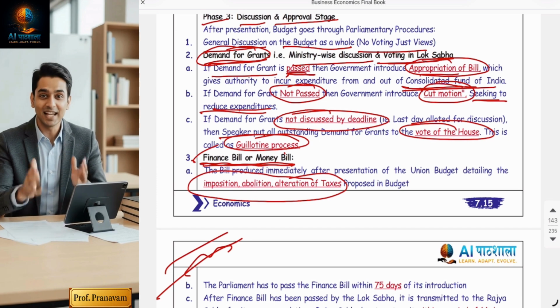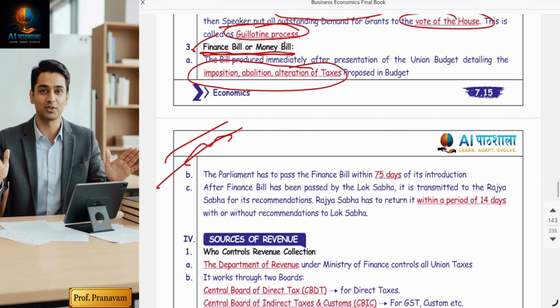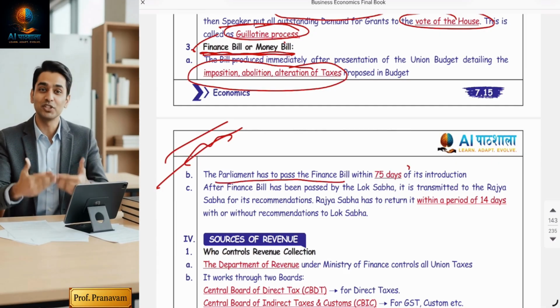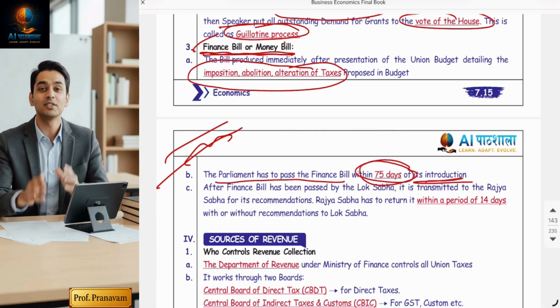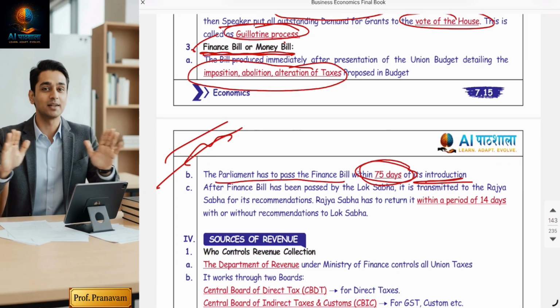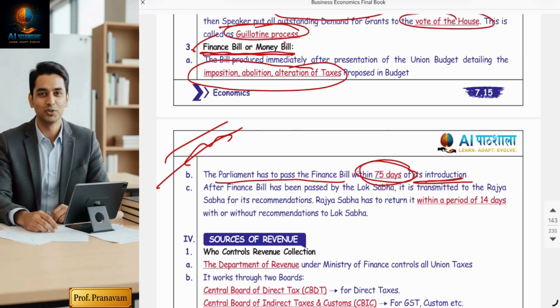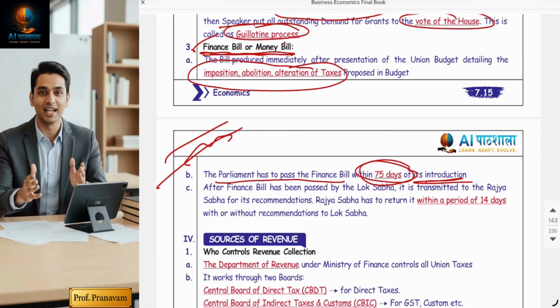It must be passed in the Lok Sabha, and you know what? This bill should be passed within 75 days of its introduction. Yes, because the finance bill is not a permanent act, it is an annual act. Every year the finance bill is introduced, and it must be passed within 75 days in the Lok Sabha of introduction.